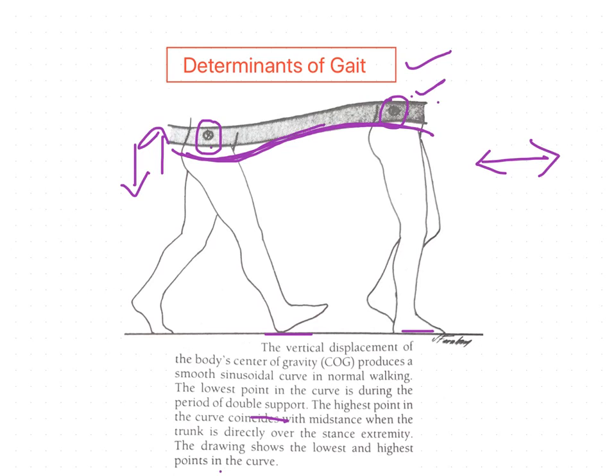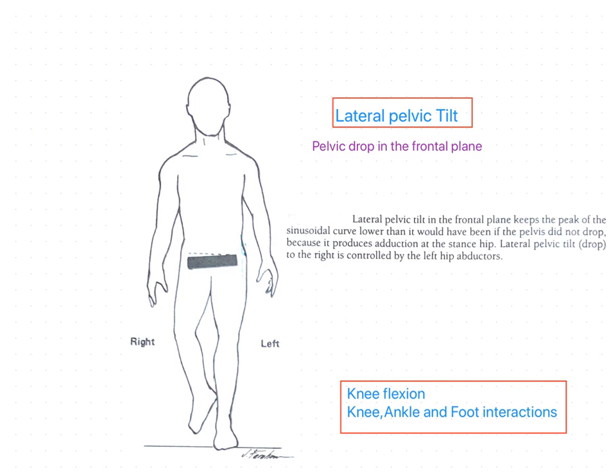Now we will move on to the actual determinants of gait. I have mentioned the 6 determinants. Out of 6, what are the first 4 determinants? One is the lateral pelvic tilt.